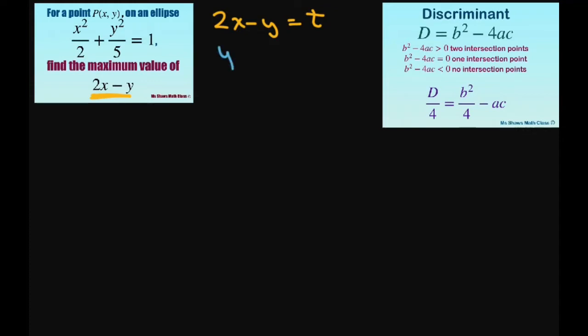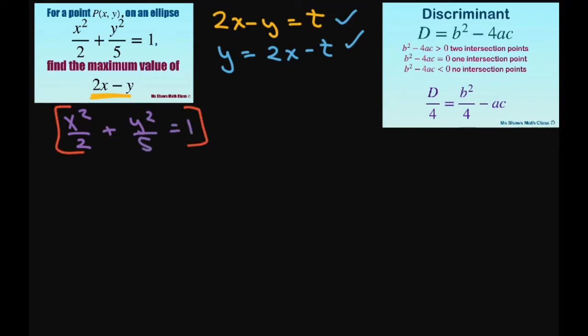Therefore y would be 2x minus t if I solve for y. So we'll look at both of those. Now, since the point (x, y) lies on this graph, I can simplify x squared divided by 2 plus y squared divided by 5 equals 1 by multiplying through by our common denominator, 10, and rewrite this as 5x squared plus 2y squared equals 10.